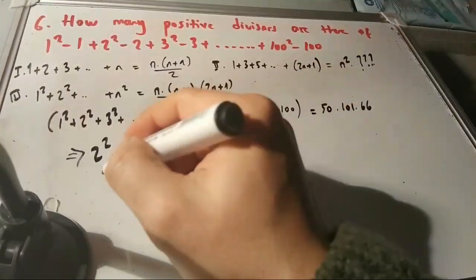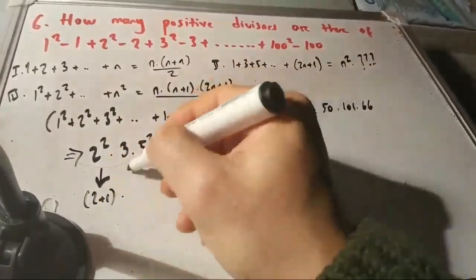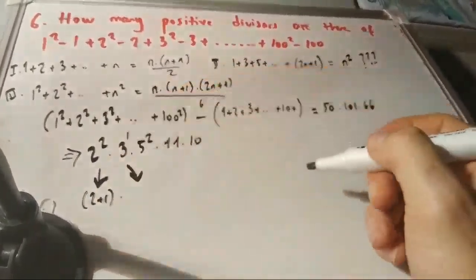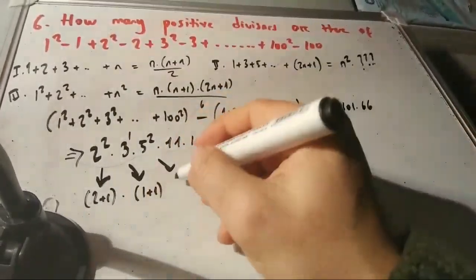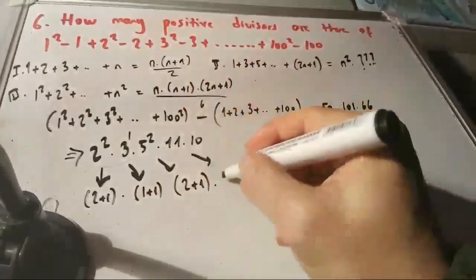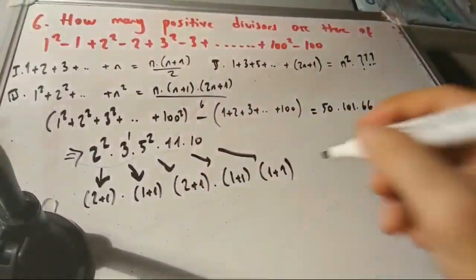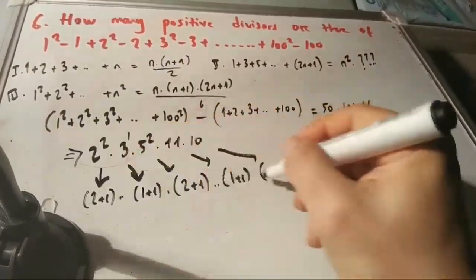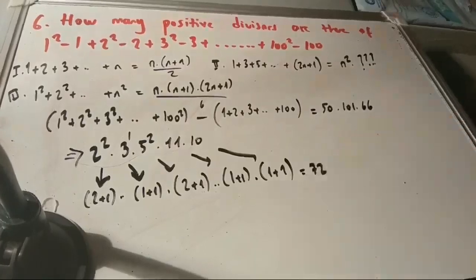So from here, 2 plus 1, times 1 plus 1, and from the third number we get 2 plus 1. From the next, 1 plus 1, and from the last one 1 plus 1 as well. So we take the product of the numbers, which means 72. So there are 72 positive divisors of this number.